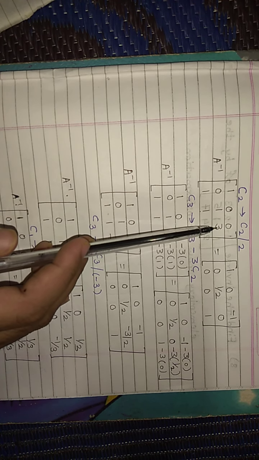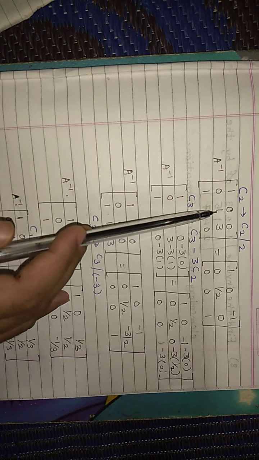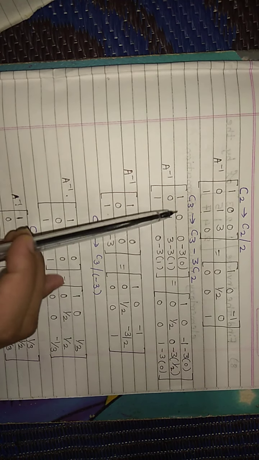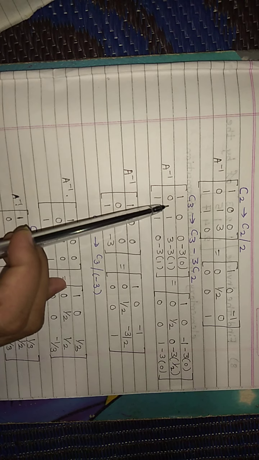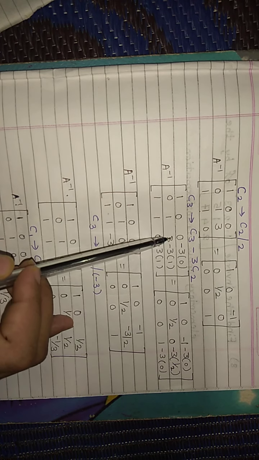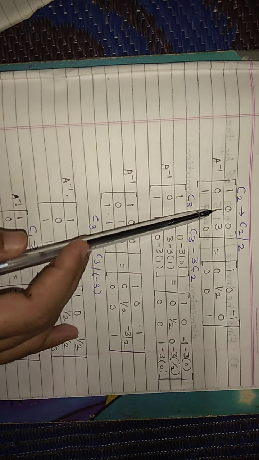Next step, we have to convert the element 3 to a 0. So 3 minus 3, then we get 0. So 1, 0, 0, 1, 1, 1. We write first column and second column as it is, and at the third column, we apply this transformation. 0 minus 3 into C2 first element, 0. Again 3 we put here for the second element, minus 3 into C2 as a 1.